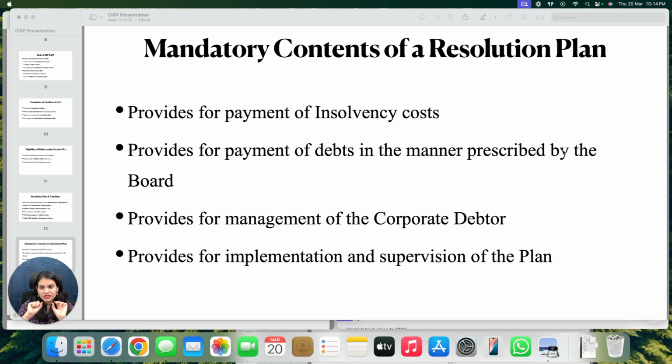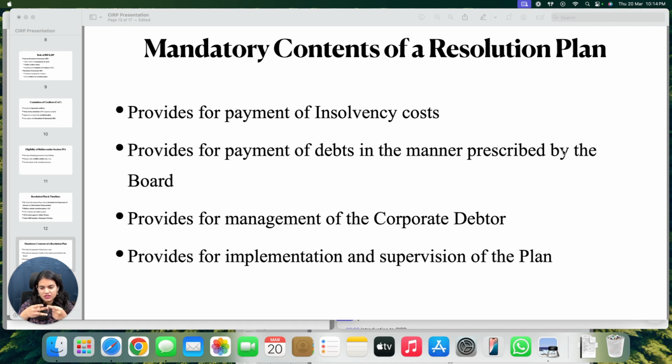So a monitoring committee generally consists of an insolvency professional who's going to act as a chairperson, a representative from the resolution applicant, successful resolution applicant, and a representative from the members of the COC. So these three.